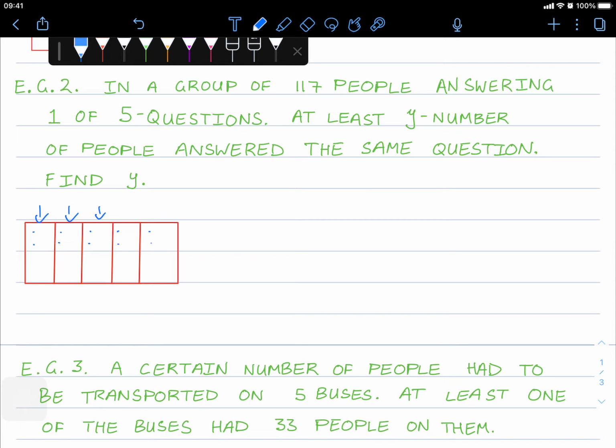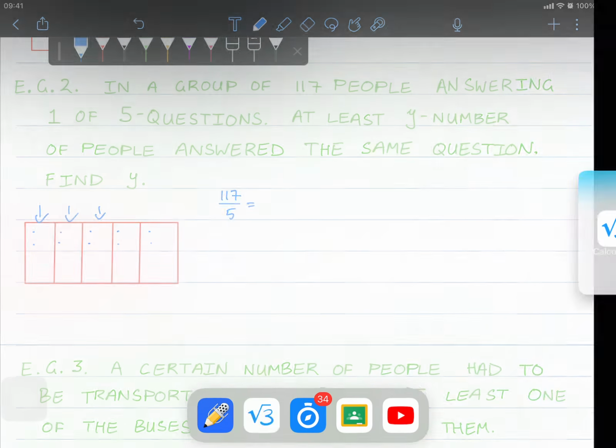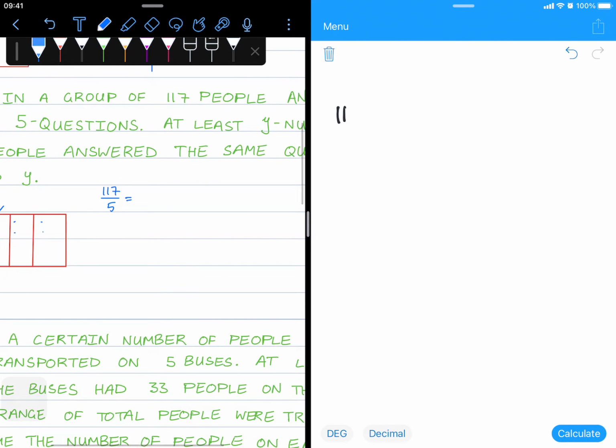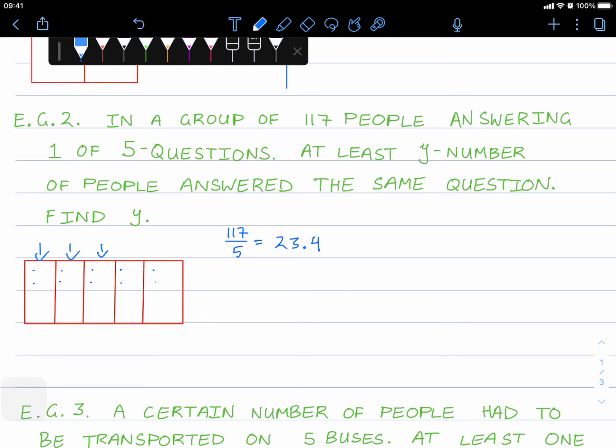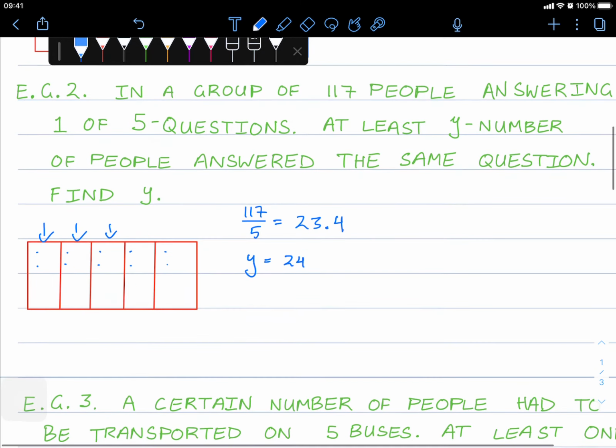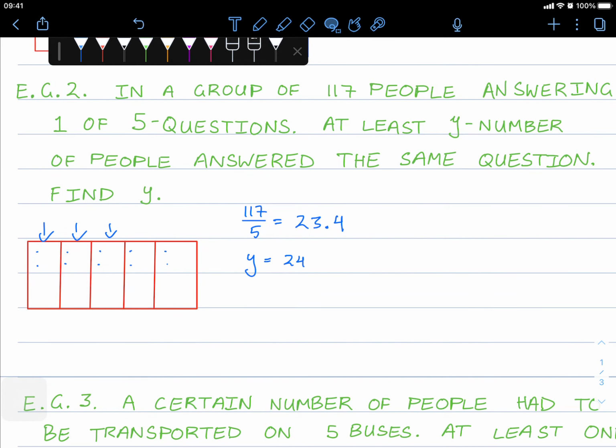Using the generalized pigeonhole principle, 117 divided by 5, we get 23.4. In this case, we're going to round up because you can't have 23.4 people, right? So Y is 24 people. So that means at least one of these questions has 24 people who gave the same answer.